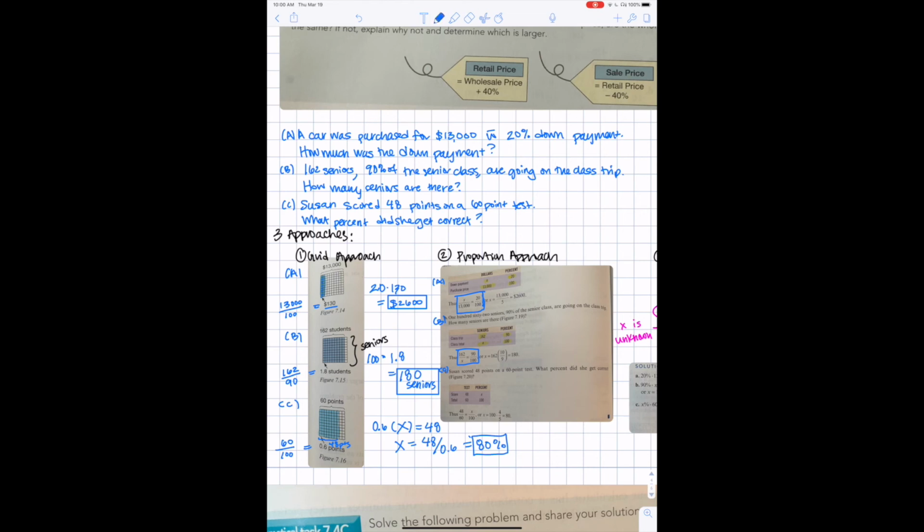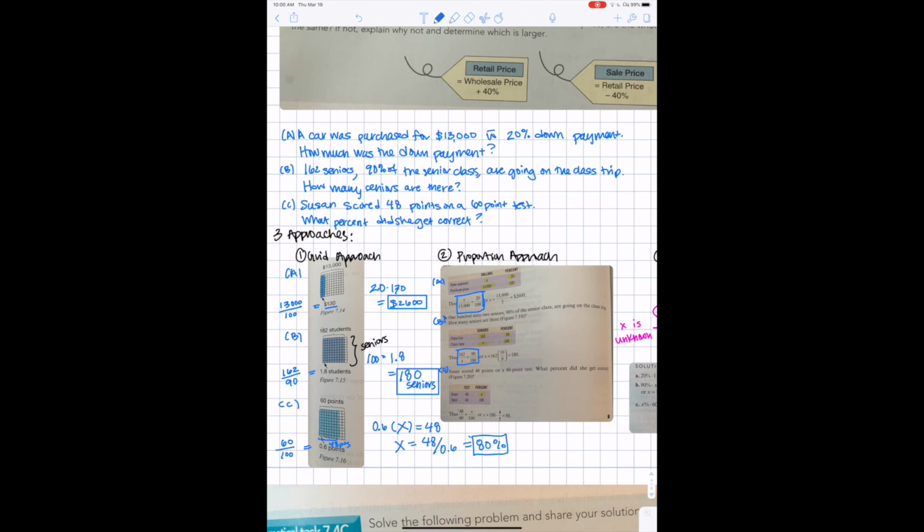again, if I set up my proportions, this is a helpful way to illustrate we're asking for a different thing here entirely. We're asking about the percent. So here's the first time my unknown is in that percent column. We're asking what percent 48 corresponds to out of the total 60 points.